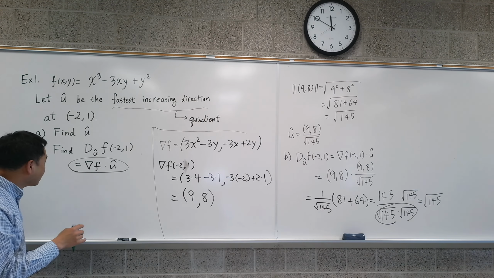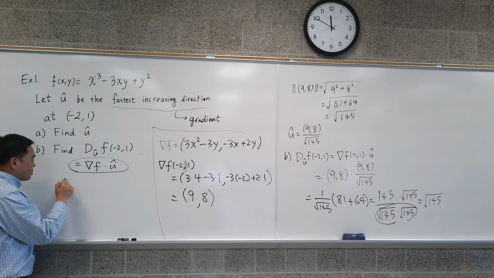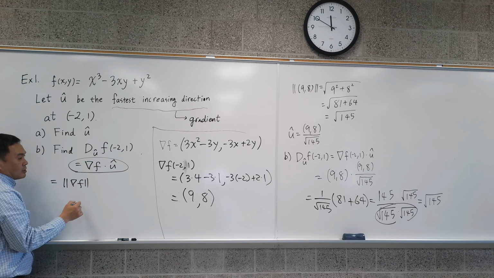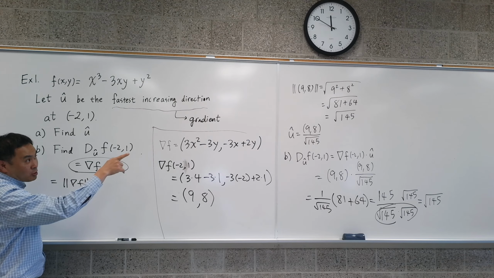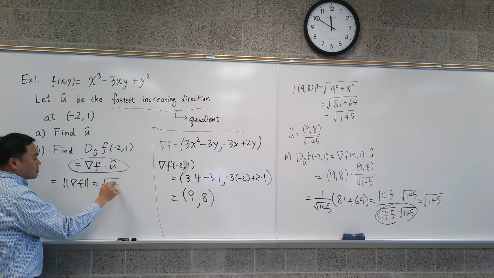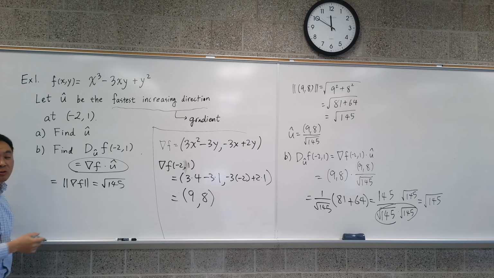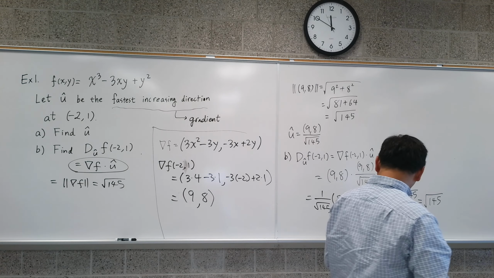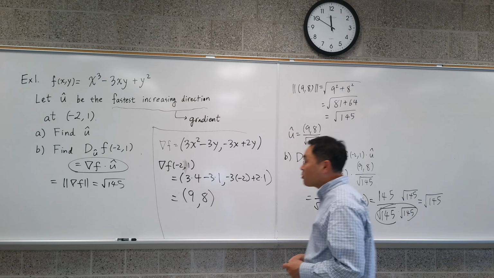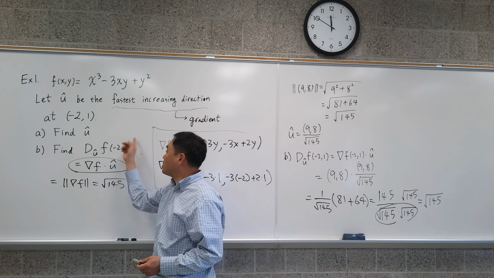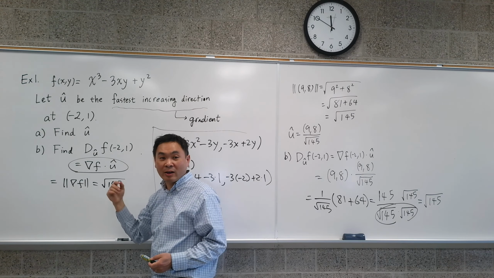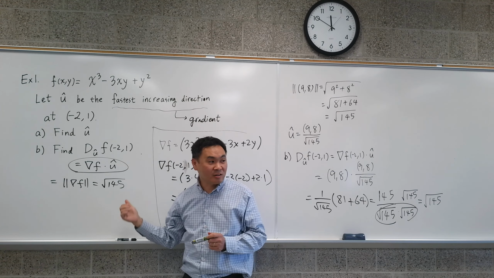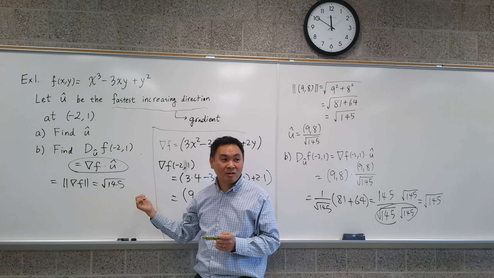And we learned that in that case, it's simply the norm of the gradient. But the norm of the gradient, we already computed, that's the square root of 145. So if you knew that the norm of the gradient holds the information about the maximum value of this, then you can just go there without having to go through all that trouble. Did that last comment make sense?